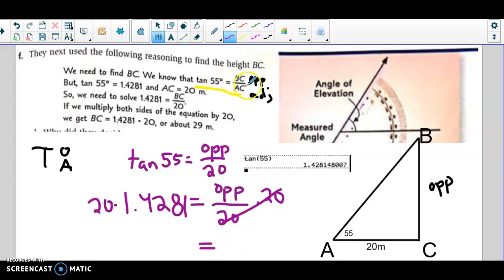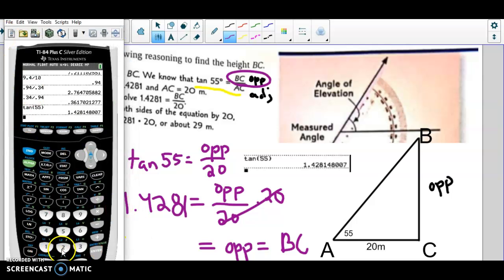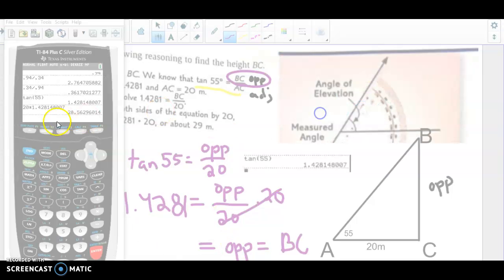Our opposite side, BC, is equal to whatever 20 times 1.4281 is. So let's do that math. 20 times that gives 28.56.